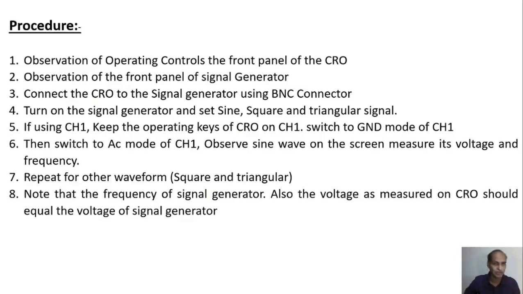Then we need to set a signal, either sine wave, square wave or triangular wave. Then by keeping the channel 1 switch at ground, we can adjust the trace, and then we can switch it to AC mode so that the sine wave can be visible on the CRO screen, and then we can repeat the same procedure for square wave and triangular wave.